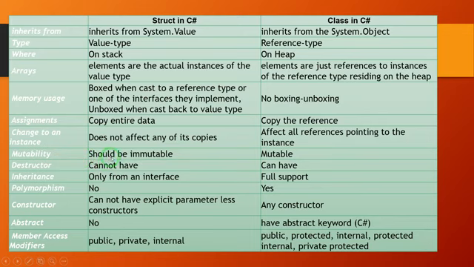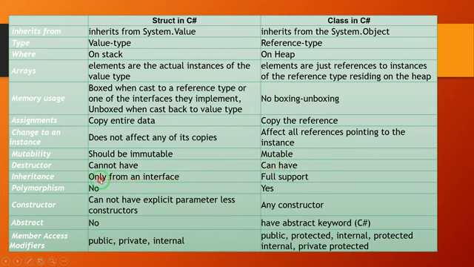Mutability: a struct should be immutable and a class is mutable. Destructor: a struct cannot have a destructor, whereas a class can have a destructor, so we can implement the destructor concept.